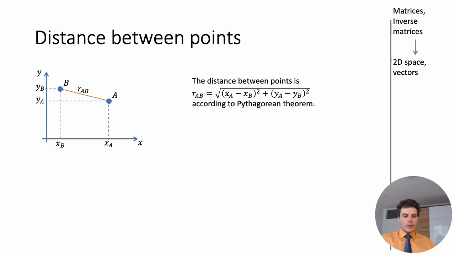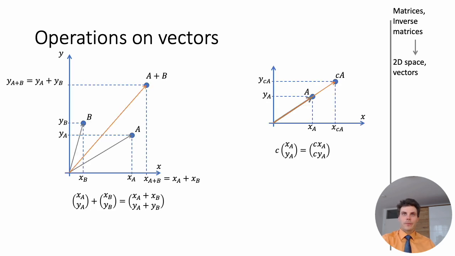What can we do with vectors? Well, we can apply arithmetical operations similar to those we have introduced already for real numbers. We can add and subtract vectors together, just as I told you in the previous slide. So you have a vector A and a vector B. The sum of those vectors is going to have coordinates which are a coordinate-wise sum of the previous vectors.